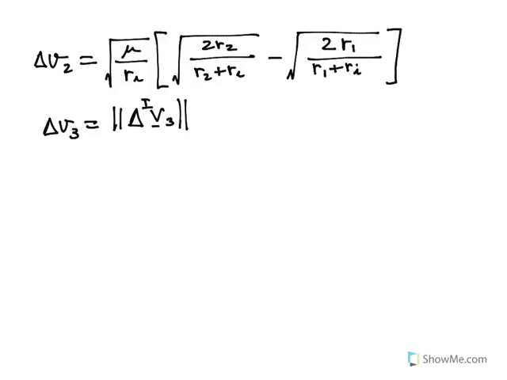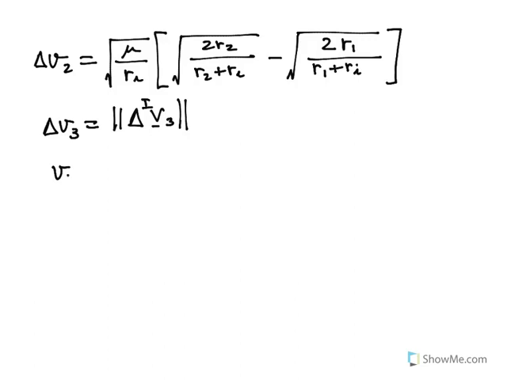But in this particular case, it's not going to work that way, because that third impulse is actually a retrograde impulse, and we have to be real careful with the way we do it. So we know that we still have V plus and V minus, but we have to figure out in which order we want to do the subtraction, because we need this delta V3 to be positive.